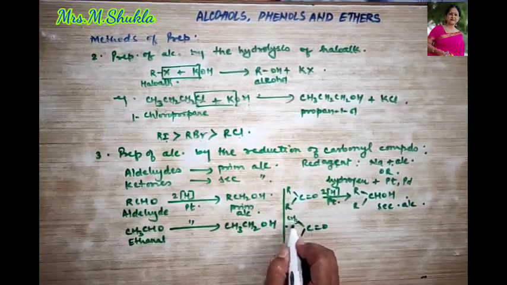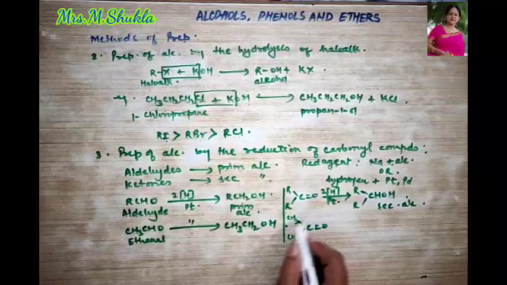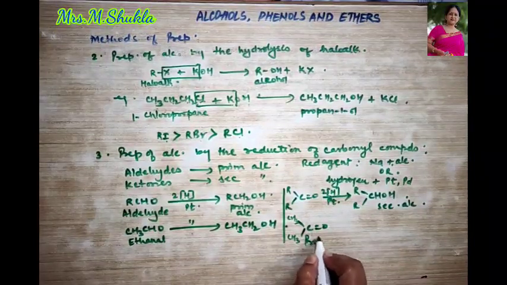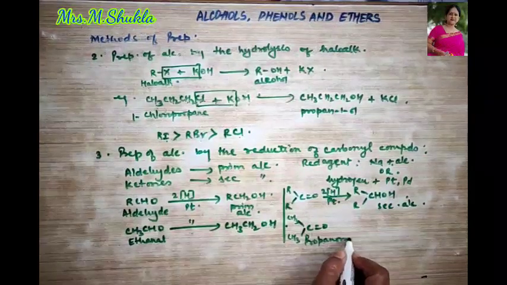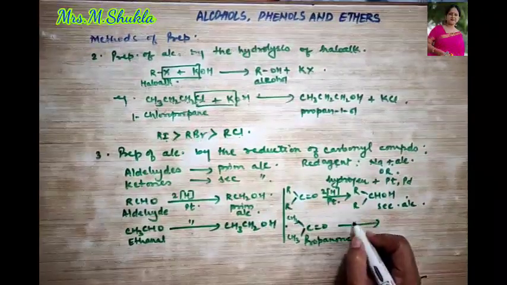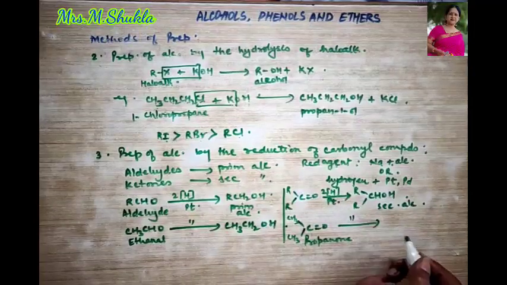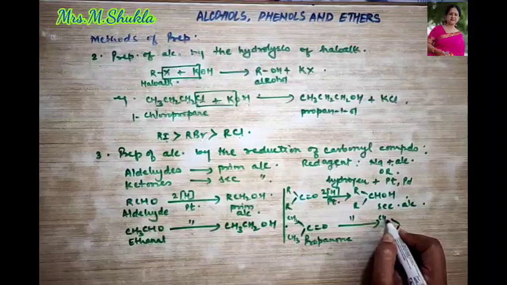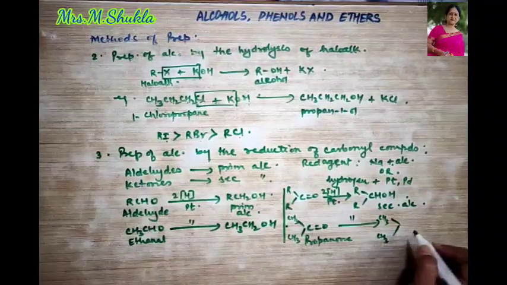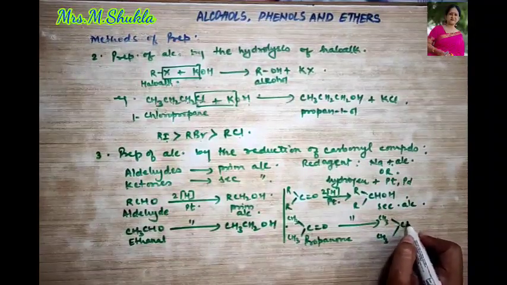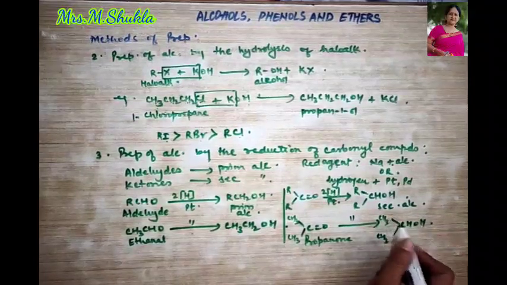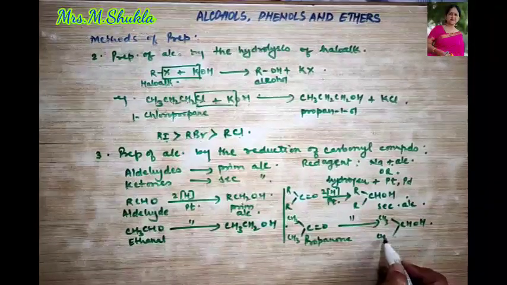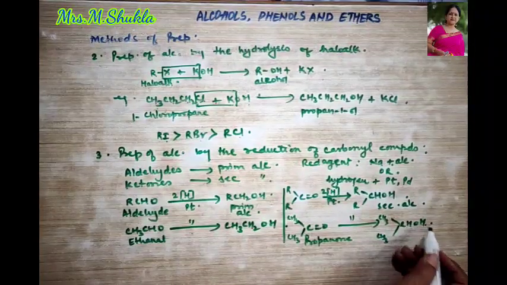So let's take an example of a ketone, if I take C double bond O with CH3 on both sides. What is the name of this? Methane, ethane, propane. So the name becomes propanone. When treated in the presence of hydrogen and the metal catalyst, it should give you CH3CHOHCH3. Methane, ethane, propane, at 2 you are getting the alcohol.